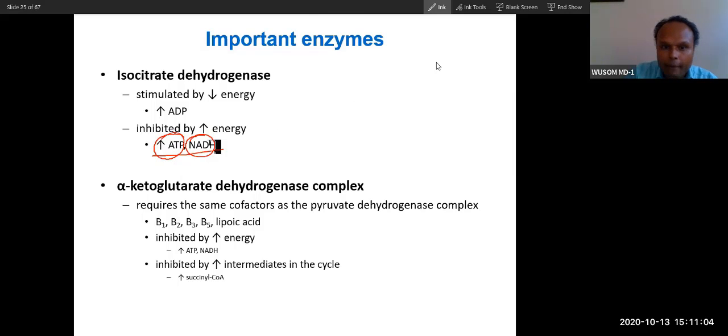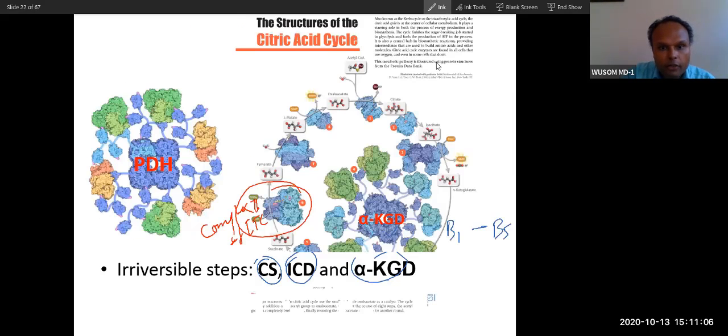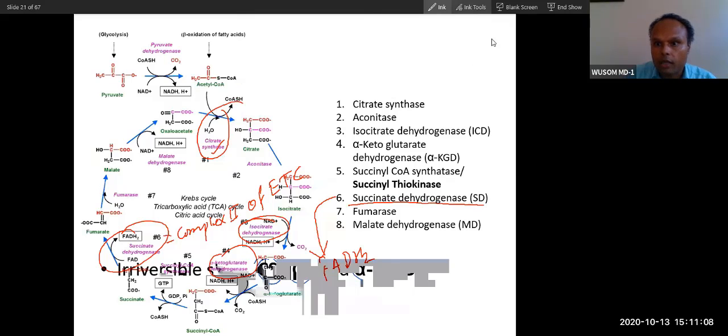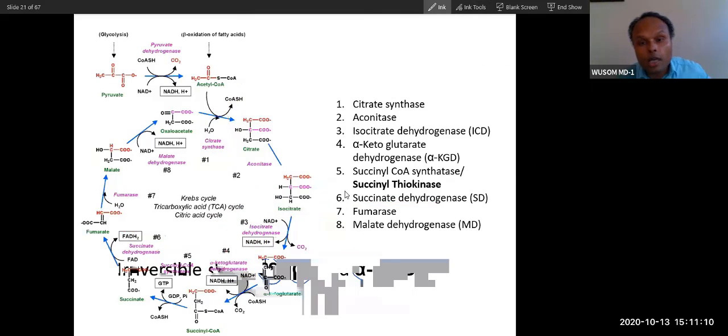So basically, the purpose of the Krebs cycle is the production of energy. Purpose of glycolysis is production of energy. So energy inhibits the reaction. Remember, NADH and ATP will inhibit the reaction.